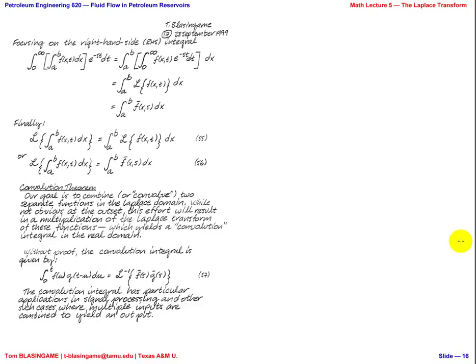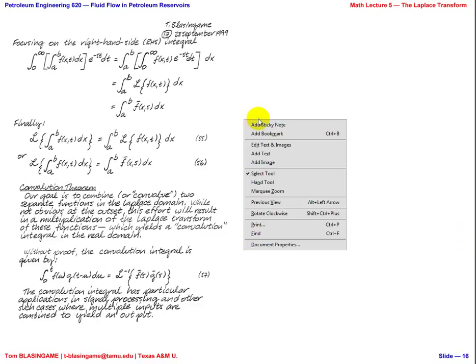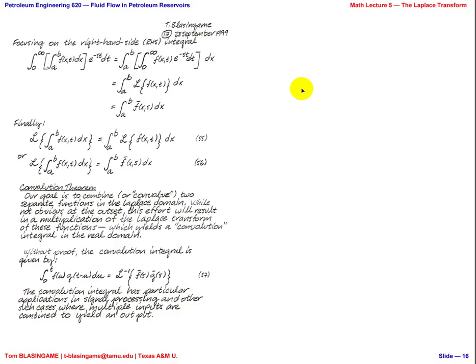Because you have the Laplace transform of the integral of f(u) g(t minus u) du is equal to the product of the transforms. Okay, so that's basically what it is saying.